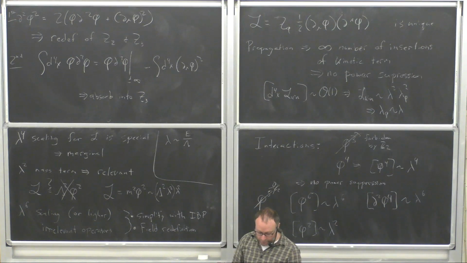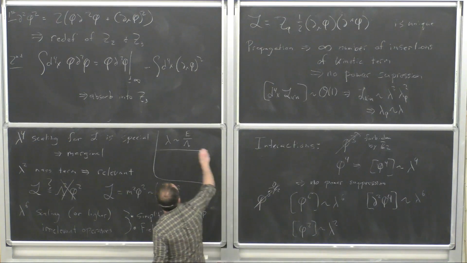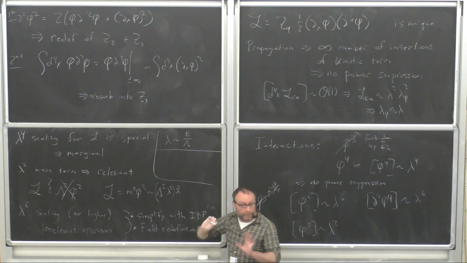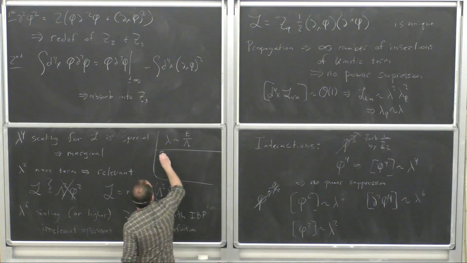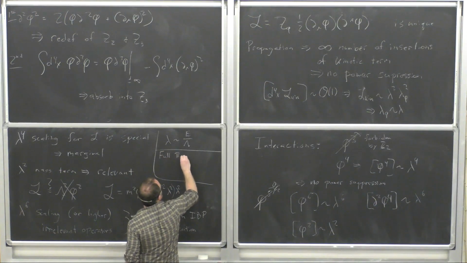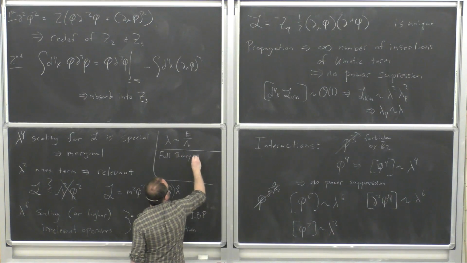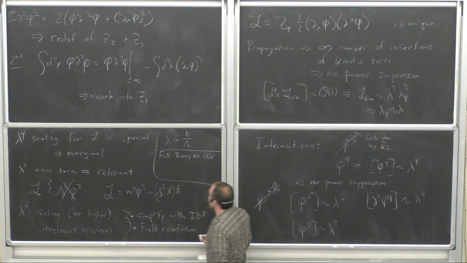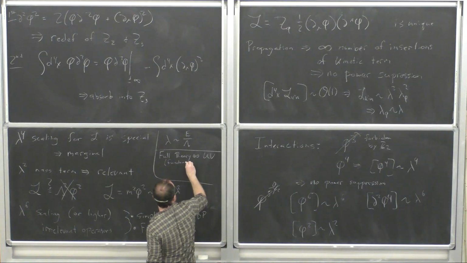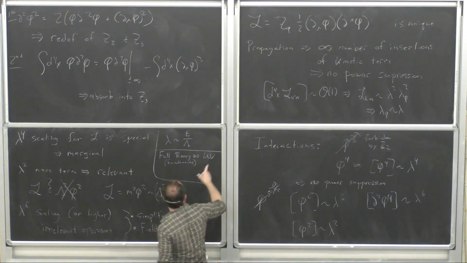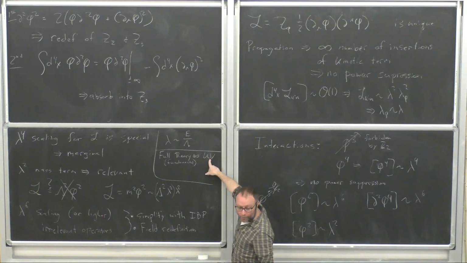The last thing I just want to say today, I've been using this terminology without being careful to define it. So let me just define it, which I don't think will surprise you. I'm going to use the idea of the full theory or the fundamental theory and the UV interchangeably, okay?